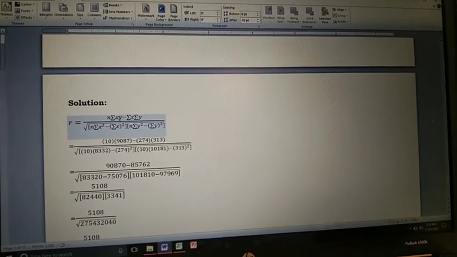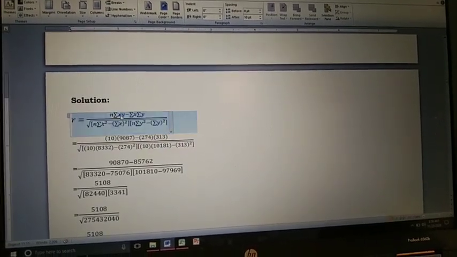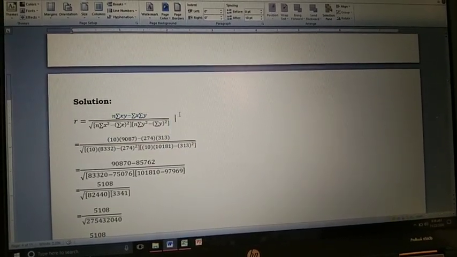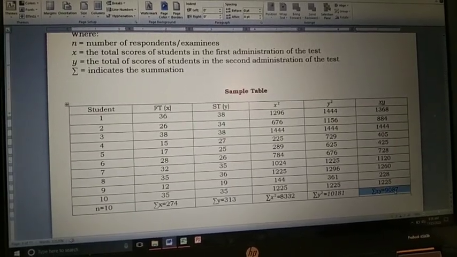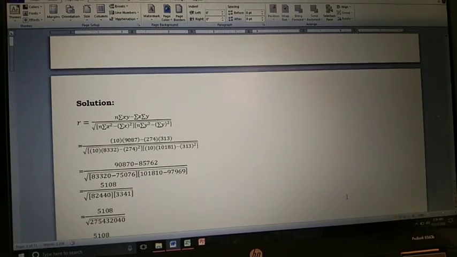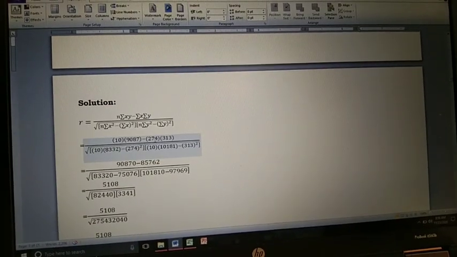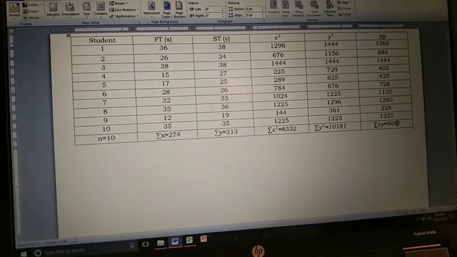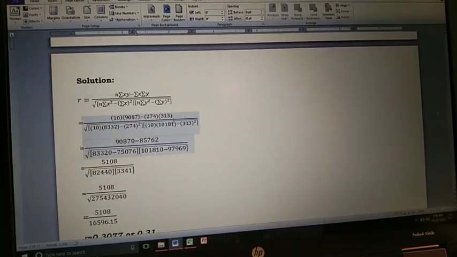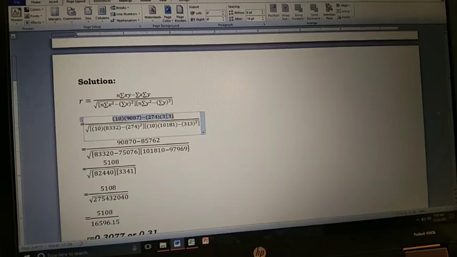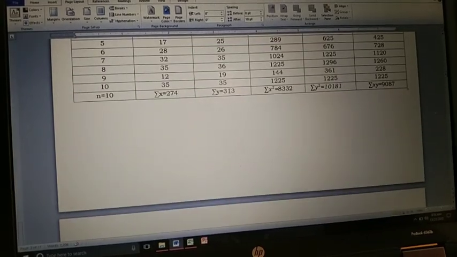So the summation of xy is 9087. Then the summation of x, we have 274. Then the summation of y is 313.